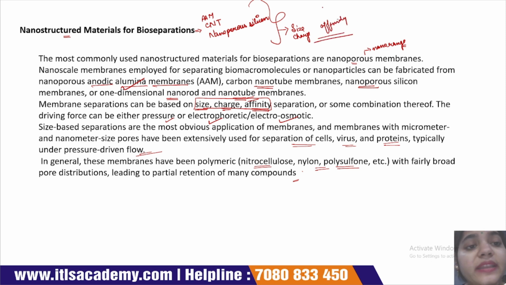These nanostructure membranes are used to separate viruses and proteins under pressure driven flow. But in general for the separation process we use polymeric membranes, which are made up of nitrocellulose, nylon, etc.